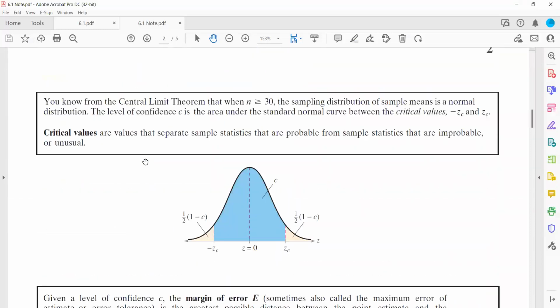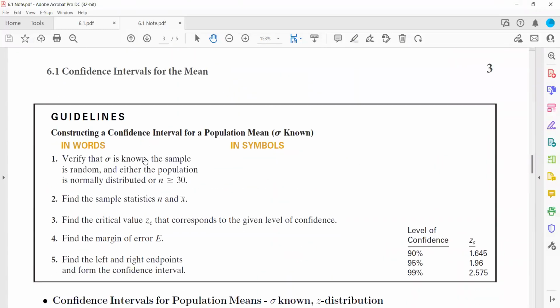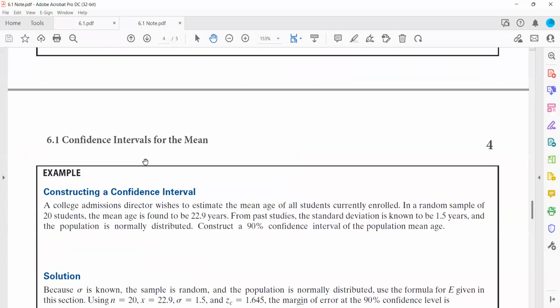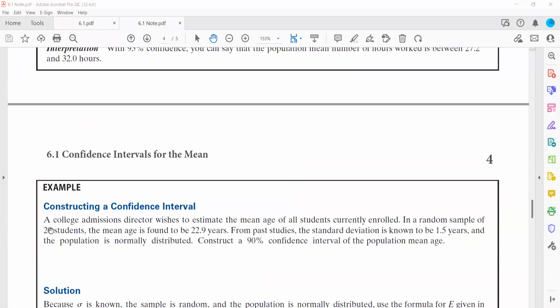Let's take a look at one example to feel comfortable about finding the confidence interval for population mean. So in this question, we have the following information. A college admissions director wishes to estimate the mean age of all students currently enrolled.